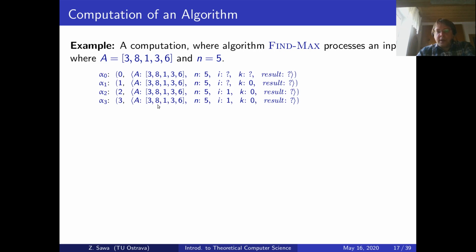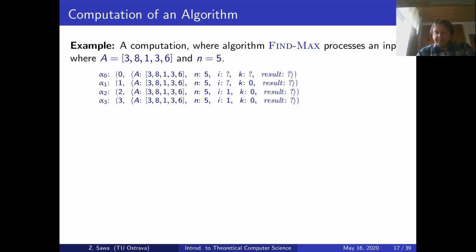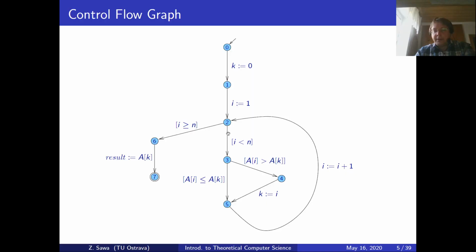So we have that A[I] is greater than A[K], so this condition is true. So the next control state will be 4. Again, the content of the memory remains the same, and here in state 4, the only possibility how to continue is to assign value stored in variable I.